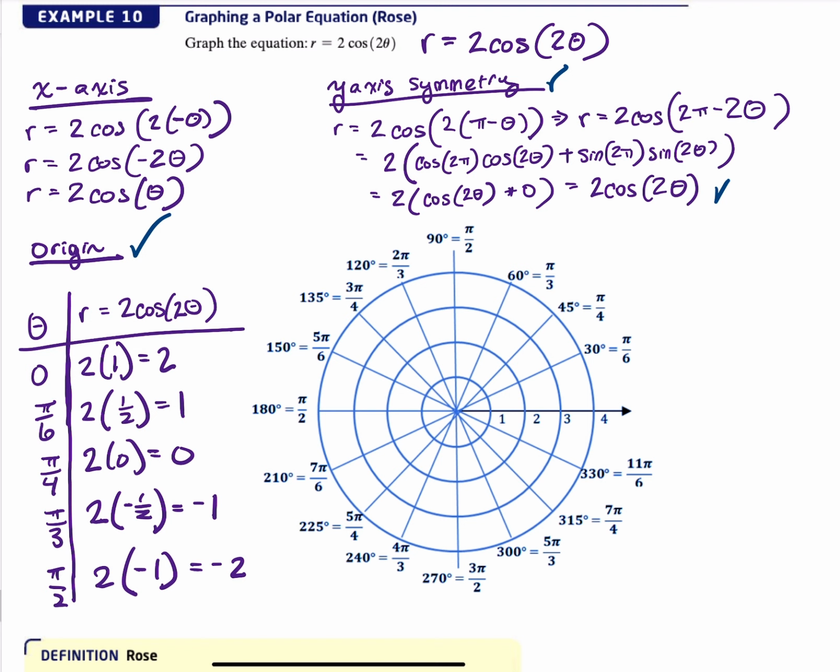So let's see what this will trace. So we have the point 2, 0. We got a point here. Then pi over 6, 1. But now let's use symmetry. So we should have another point over here and another point below and another point across.